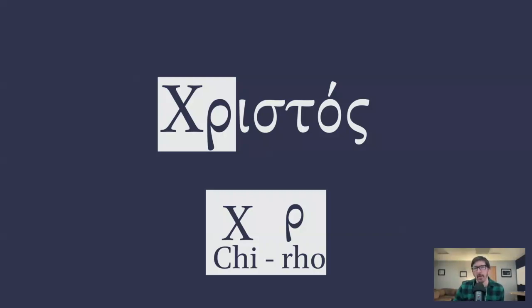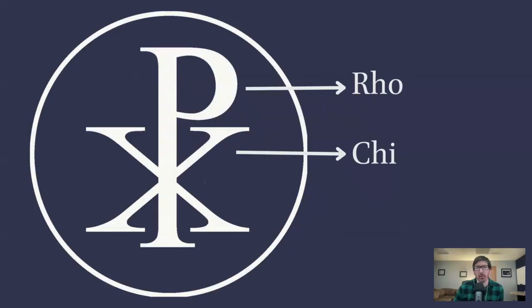So we have the Chi-Rho there, and you can see that the chi is the X, and you can see the rho being represented in what we look at as a P, but again, it's an R sound in Greek. I know it's confusing, but it is the letter rho, and so you can see how those two go together.